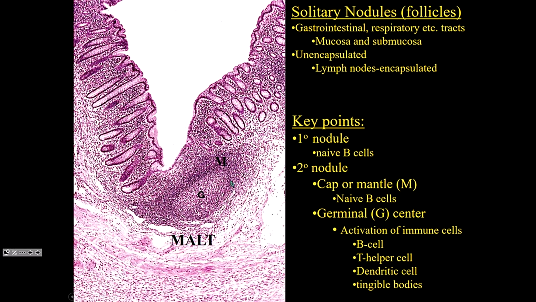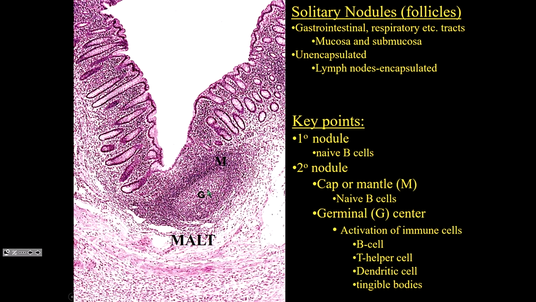Now, sometimes we can make out a darker ring around the outside and a lighter center. So the ring we call a mantle, the lighter center, the germinal center. In that case, if we see a mantle and a germinal center, that's called a secondary nodule. Secondary nodule appears thus because the germinal center contains more plasma cells, and you'll recall plasma cells contain an abundance of cytoplasm making immunoglobulins.